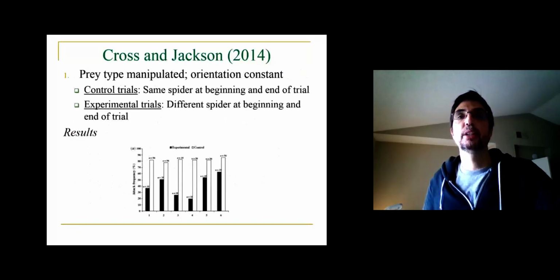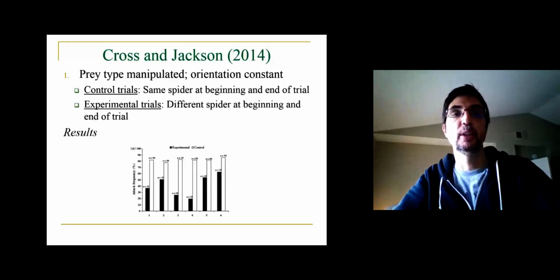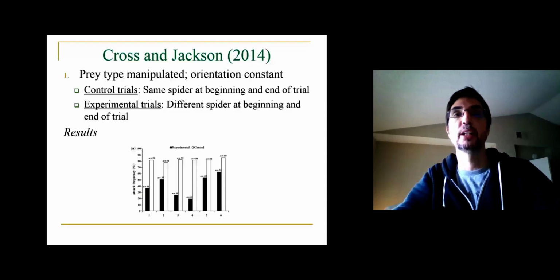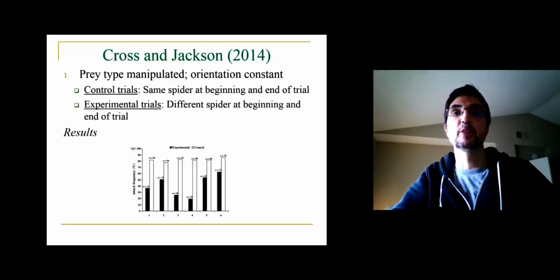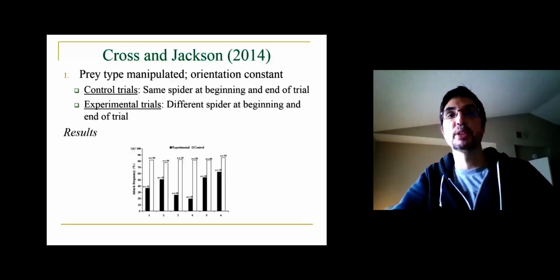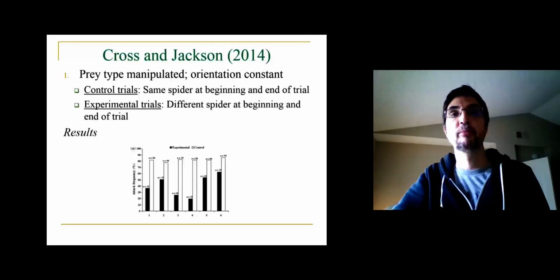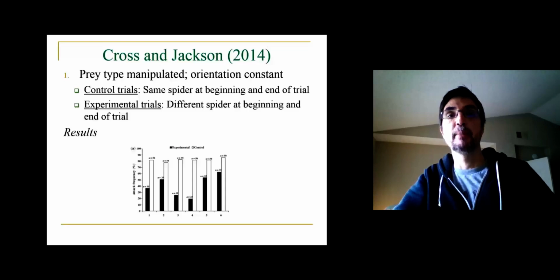So let's look at the results for the first condition. In this one, where the prey is manipulated and the orientation is constant, there were two subconditions: the control trials and the experimental trials. In the control trials, the same spider was presented at the beginning and the end. So when it reappears, it's the same spider as at the beginning.